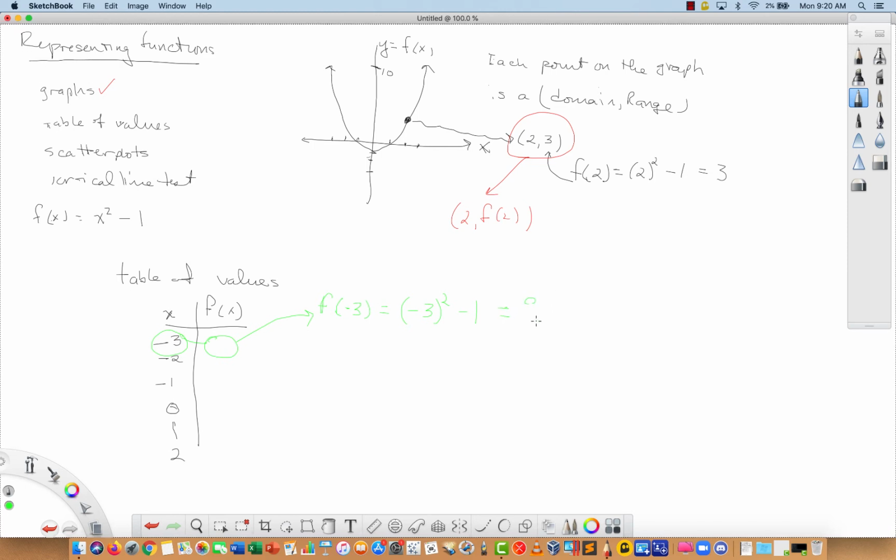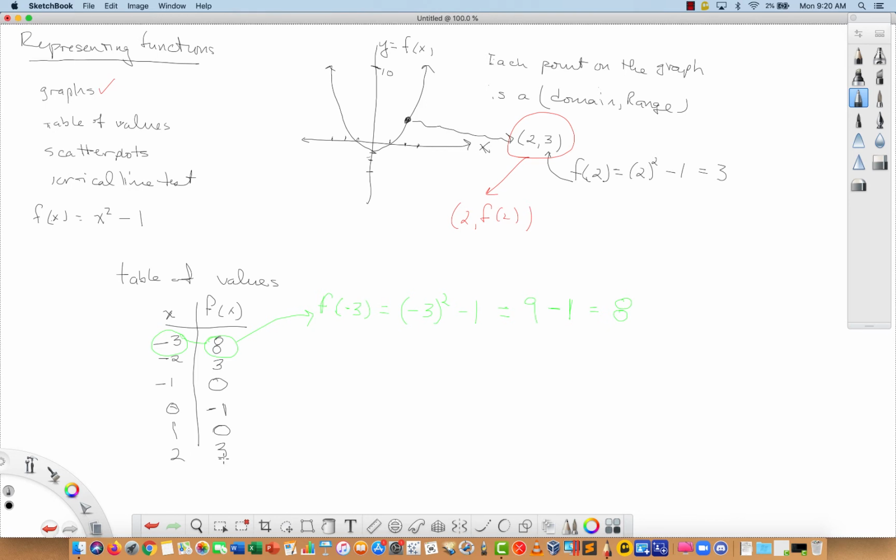Well, that's 9 minus 1 is 8. And so an 8 would go there because that's the function's value when x is negative 3. Similarly, you can go through this and find that f of negative 2 is 3, f of negative 1 is 0, f of 0 is negative 1, f of 1 is also 0, and f of 2 is 3. And so that's a table of values.